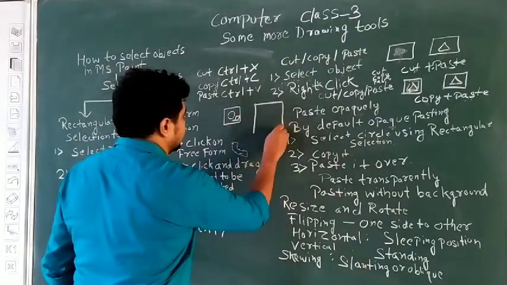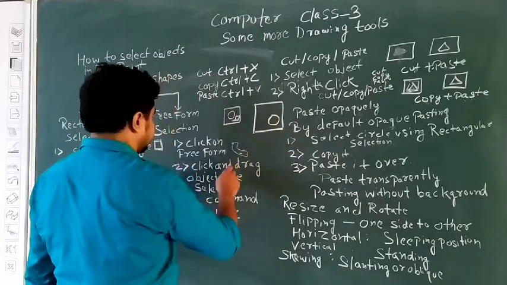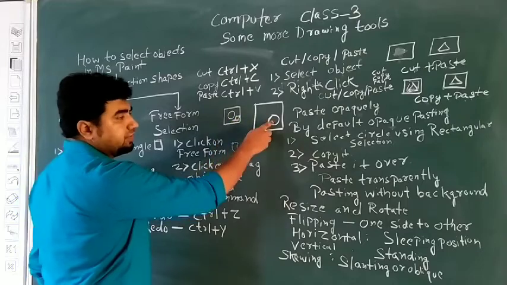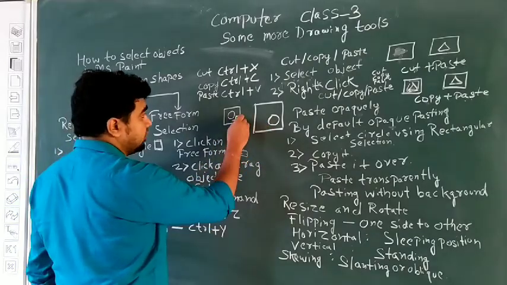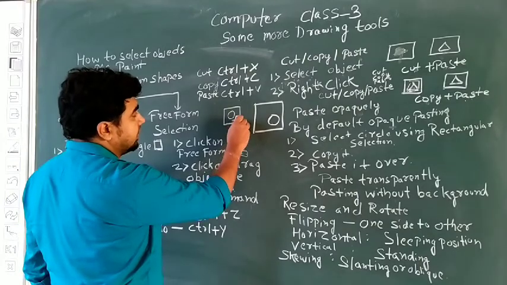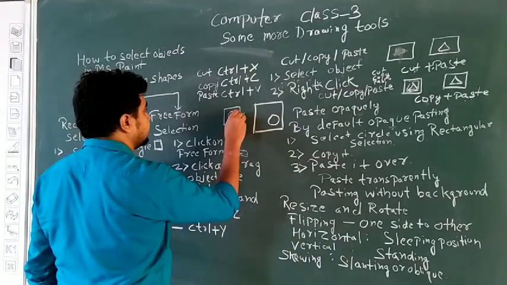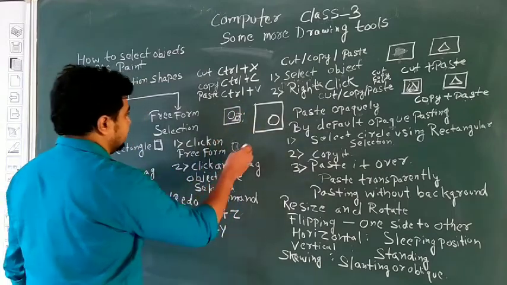If I want to paste this rectangle over the circle, I will first cut it. Cutting means I select this object.